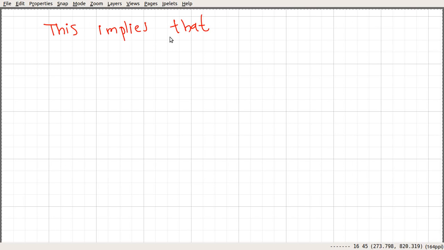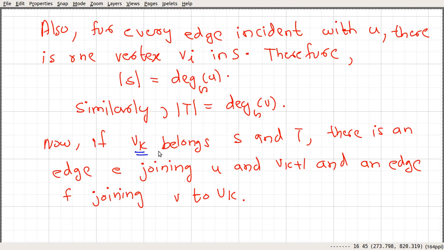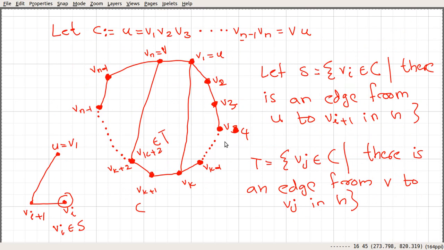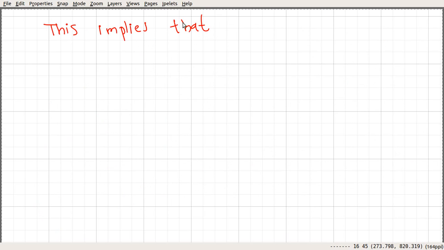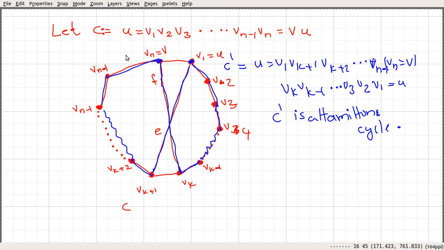If Pk belongs to both S and T, then we have this new cycle which starts at v1, as I said here.